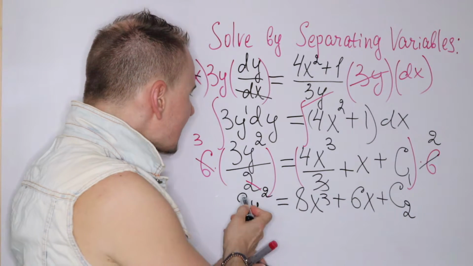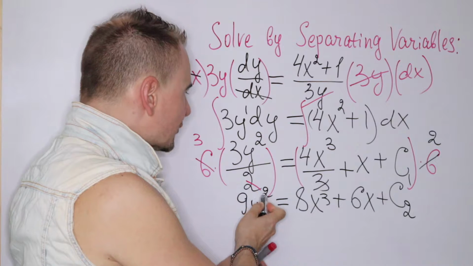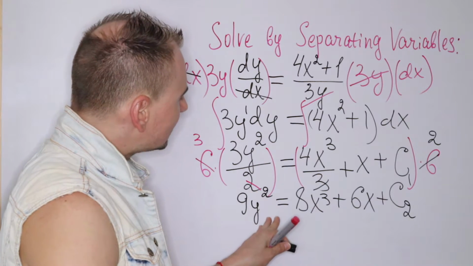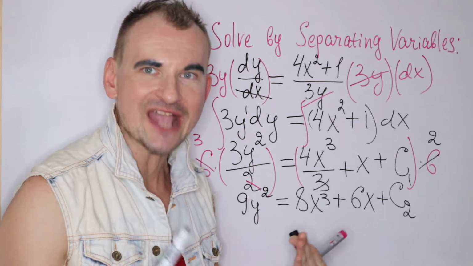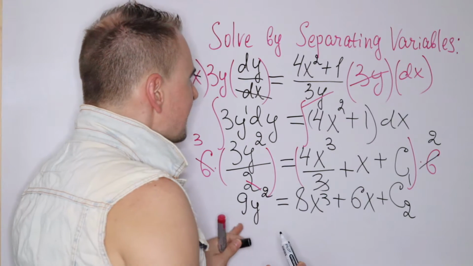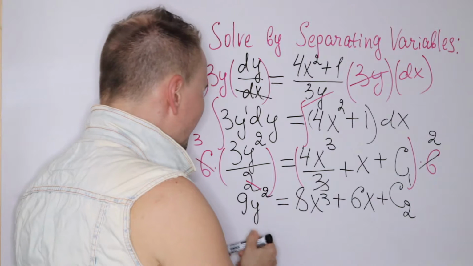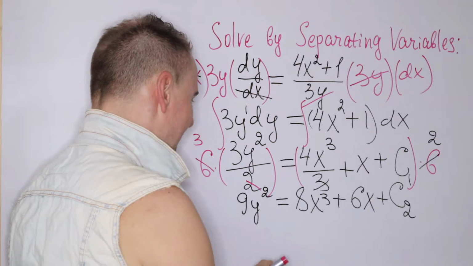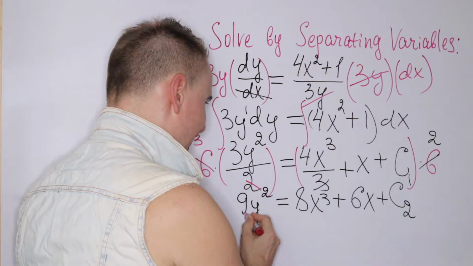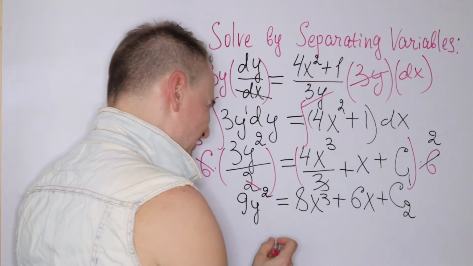Now, since you have 9y squared, I'm going to isolate my y squared. I'm going to get y squared alone. And the way you would do it, you just divide both sides of your equation by 9 in order to get rid of this 9 in front of y squared.